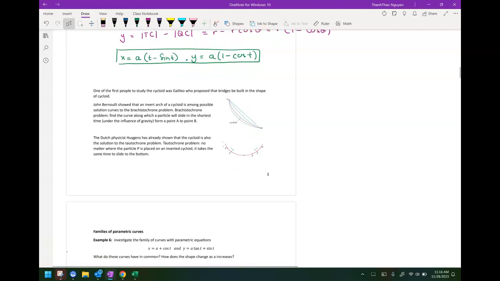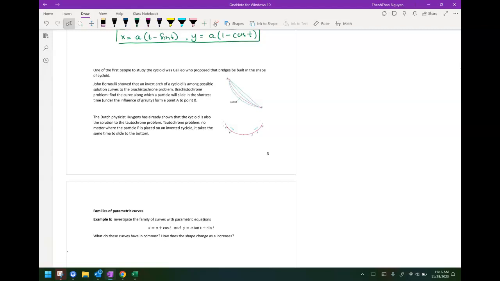The Dutch physicist Huygens also showed that the cycloid is the solution to the tautochrone problem. The tautochrone problem says that no matter where the particle P is placed on an inverted cycloid, it takes the same time to slide to the bottom.